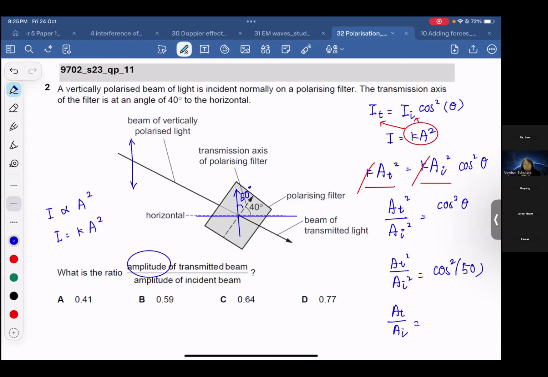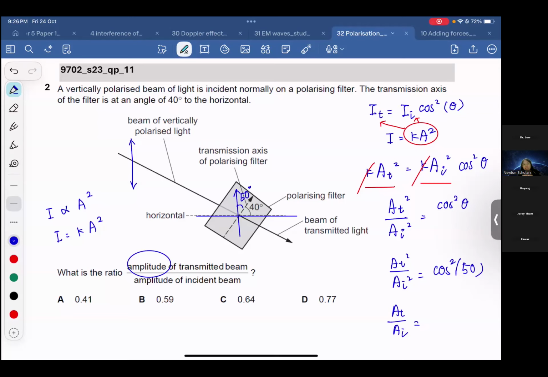Here there are a few things you have to pay attention to. The angle is not 40. It's from the vertical to the axis, so it's 50. Then another thing is they want you to relate intensity and amplitude. From chapter 7 Waves, I think the first or second lesson, we talked about intensity. You refer back: intensity is proportional to A squared, amplitude squared.